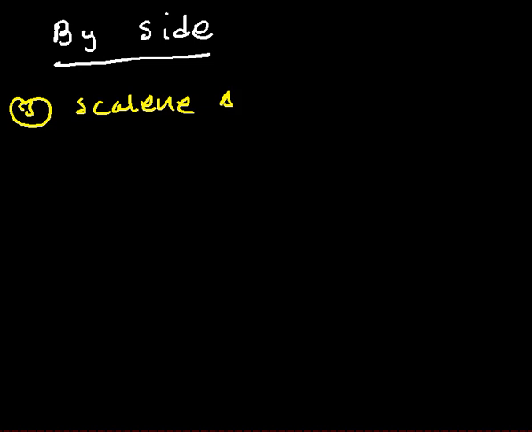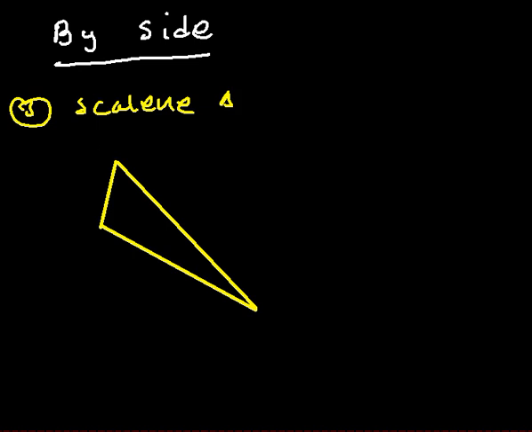In other words, it is the triangle in which all its three sides are not the same. So a scalene triangle can look like this. I should say, it is the triangle in which all its sides are not the same.